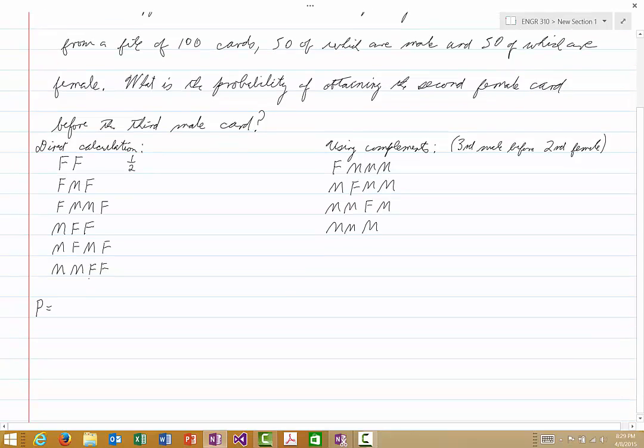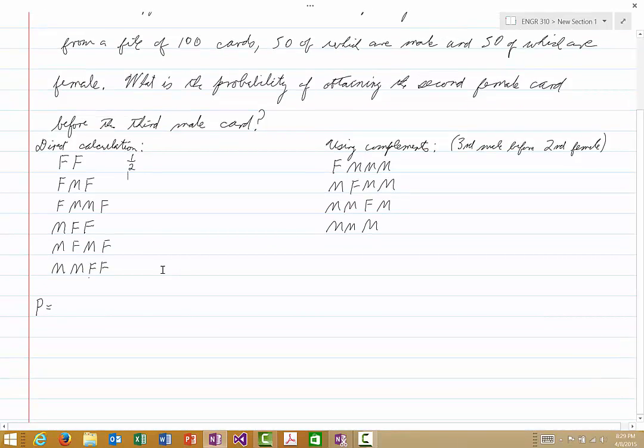So we put that female back, shuffle it, and draw again. And the probability of getting female on the second one is 1/2. And so that gives us 1/4 for this probability. For the next one, the probability of getting female on the first draw is 1/2. The probability of getting male on the second one is 1/2.